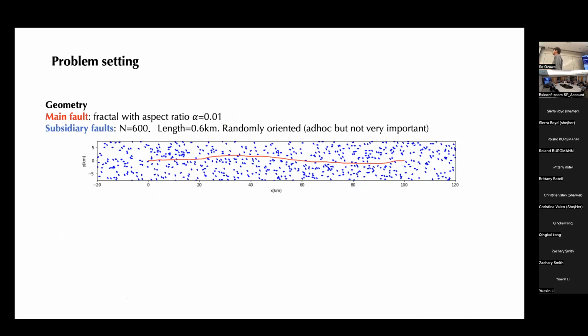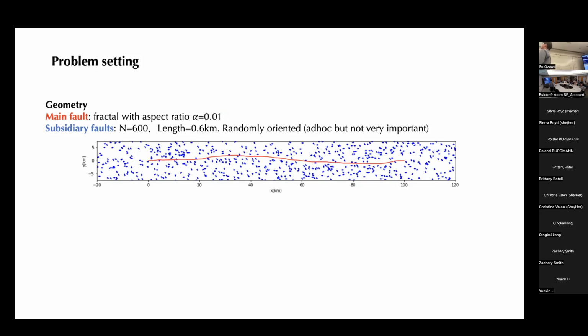So this is the fault geometry. We have this sort of fault geometry. There is one main fault, the red fault. This fault has a fractal geometry, so it's not perfectly planar. It has a roughness.